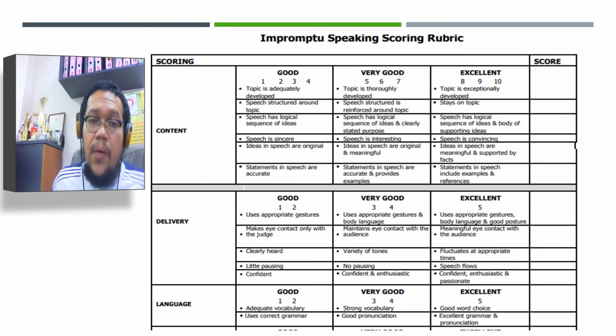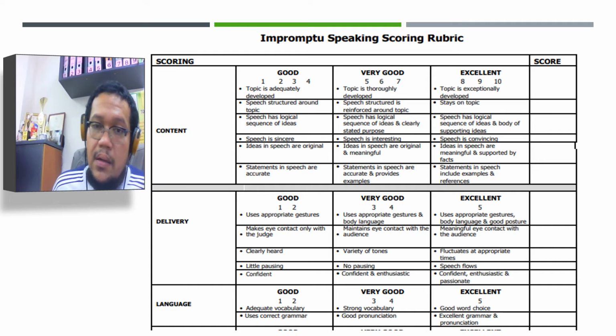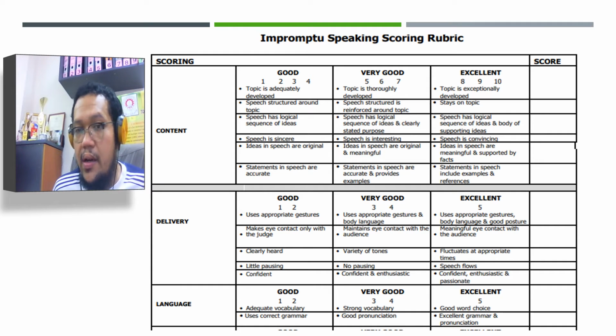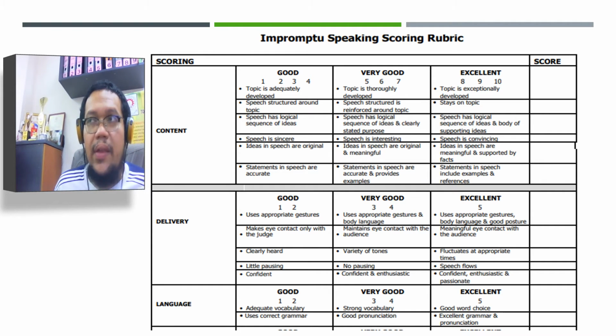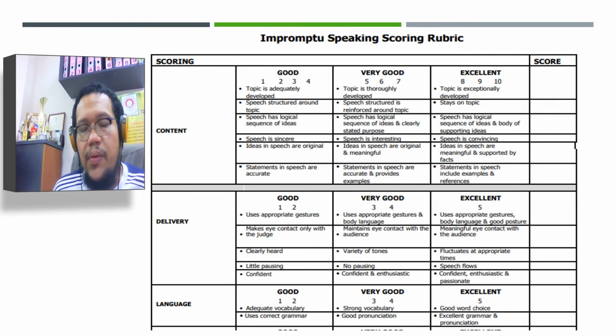Whether your speech is sincere or interesting or convincing depends on whether you have used your knowledge or experience well in your speech, and whether the statements in the speech are accurate. Before that we look at the originality. Of course, when you do impromptu, your speech is 100% original, so you can get a full mark here.